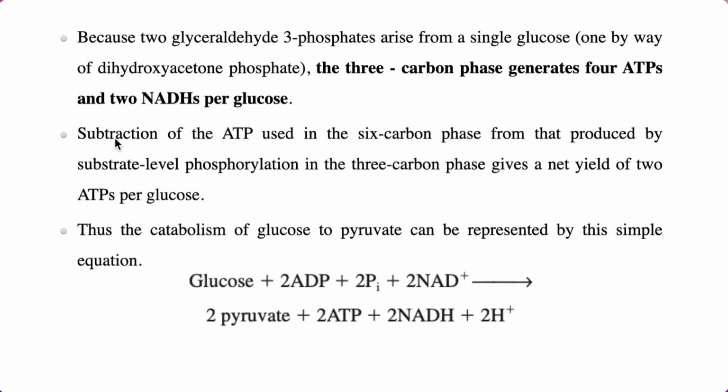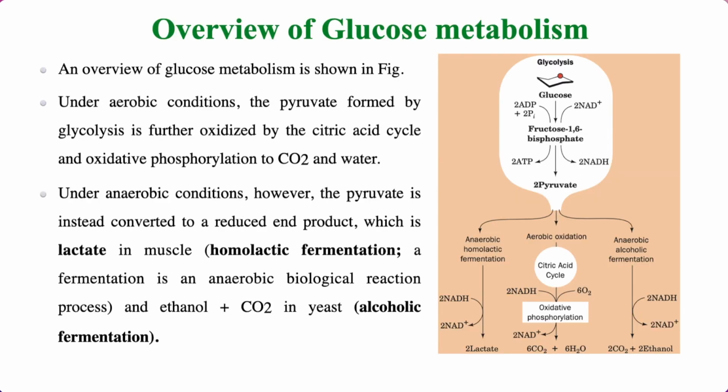So we can subtract the ATP molecules used in the 6-carbon phase, which means we have only 2 ATP molecules. Glucose, one glucose molecule, plus 2 ADP plus 2 phosphate plus 2 NAD gives 2 pyruvate molecules, 2 ATP generated here, 2 NADH generated plus 2H. So this is the overall reaction.